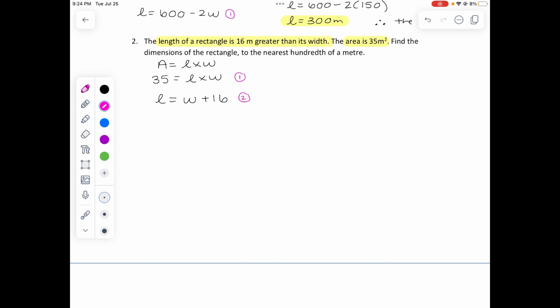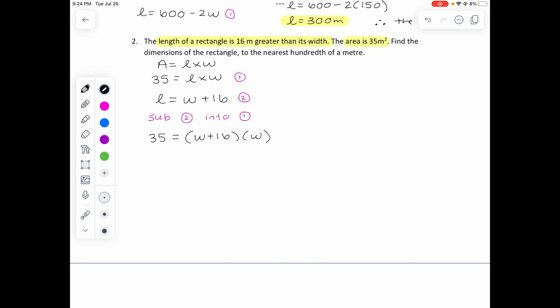So we're going to sub equation 2 into equation 1. All right, so we would have 35 is equal to width plus 16 times width, right? That's our length times width.